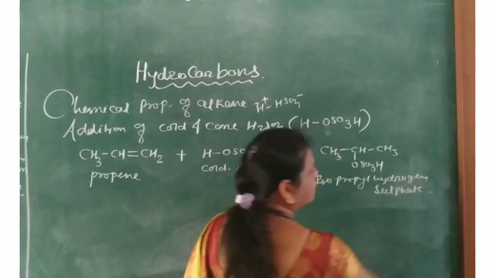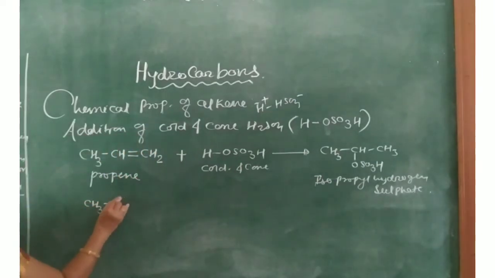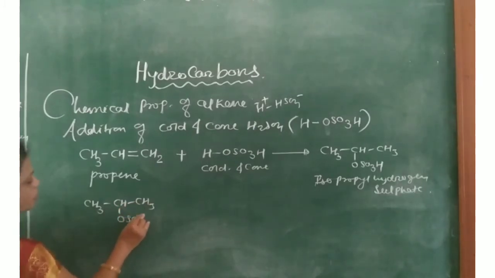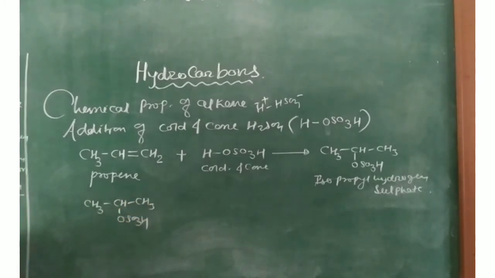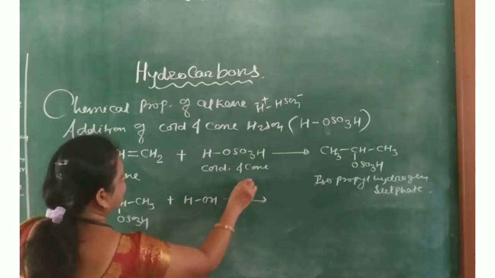Isopropyl hydrogen sulfate. Then isopropyl hydrogen sulfate CH3CHCH3, then here OSO3H or HSO4 plus HOH with acid catalyst.